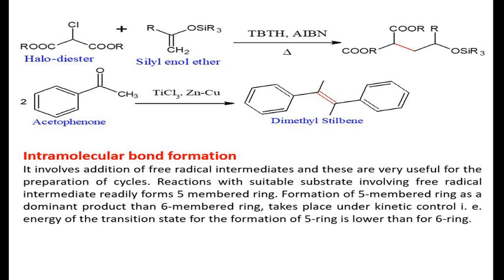Intermolecular means the carbon of the first reactant forms a bond with the carbon of the second reactant. This is the intermolecular carbon-carbon bond formation. And intramolecular means the two carbons from the same molecule form a bond with one another. This is the intramolecular bond formation.